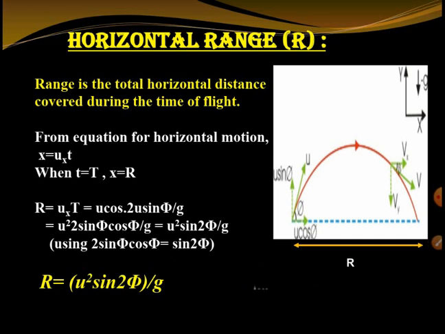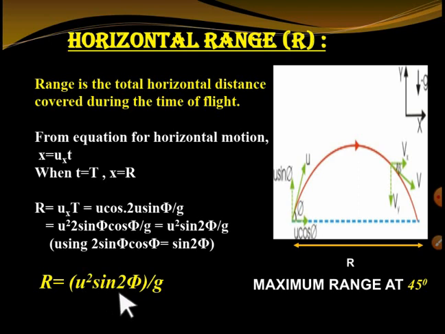Now let's see the condition of the angle of projection when it will have the maximum horizontal range. So maximum horizontal range depends upon this phi. If u is kept constant, then it depends upon the angle of projection phi, through sine of twice phi.